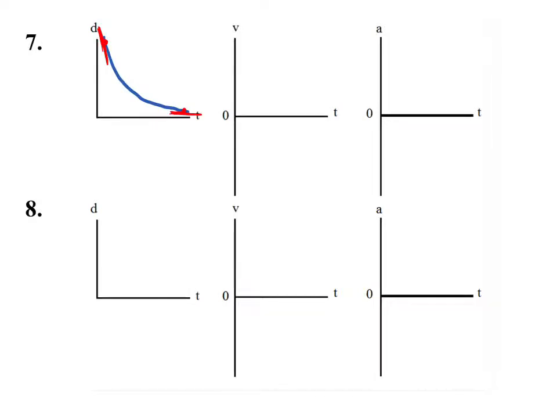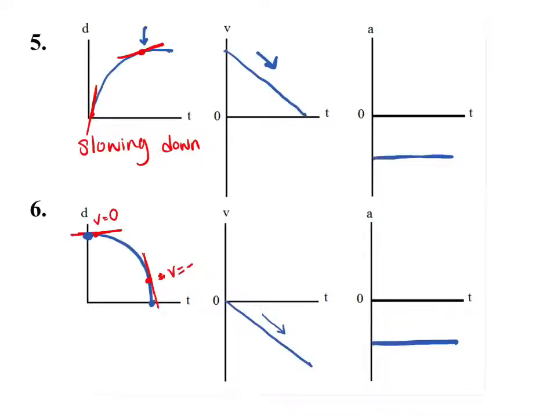Okay? So it's still negative, but it's getting less and less negative, and it's getting closer to horizontal. So what does that mean? It means we have a large negative velocity at the beginning, and we have a velocity of 0 at the end.